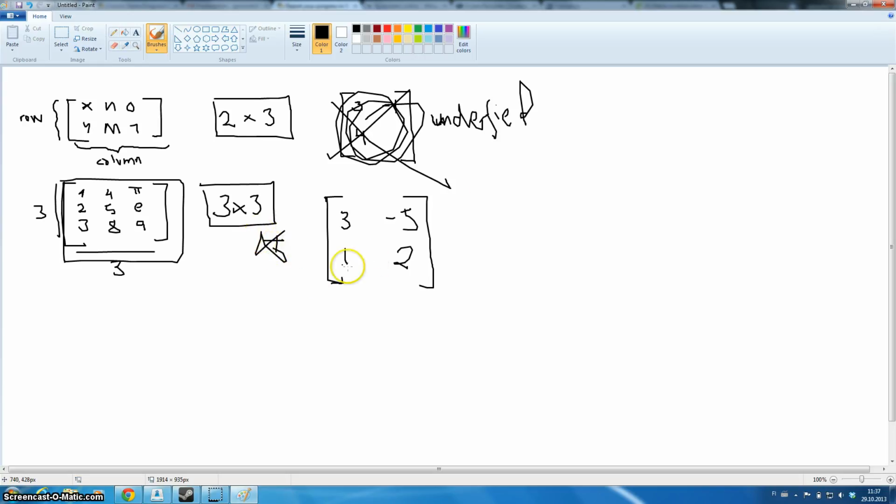But if I add this one to this kind of matrix, we get a new matrix, because there are as many elements on both sides.